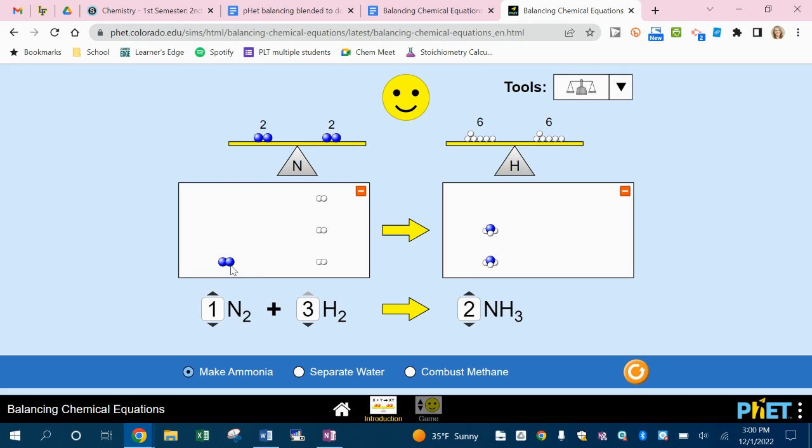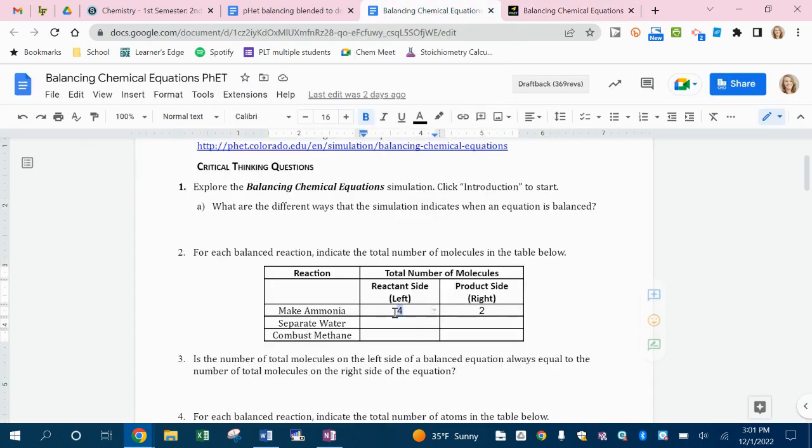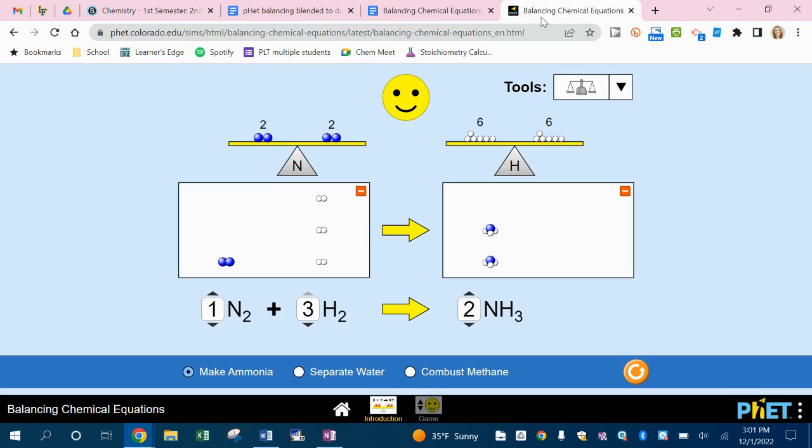Here we have nitrogen, and nitrogen's a diatomic element, but whenever we have the diatomic elements, remember we also consider those molecules. So here's one molecule of nitrogen, and then we have 1, 2, 3 molecules of hydrogen. So in our reactant side, we have a total of 1, 2, 3, 4 molecules. And you can see that's what's filled in already for you on the table.